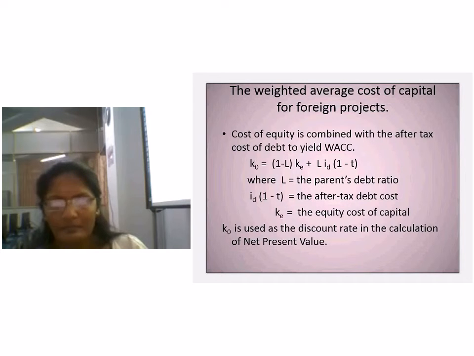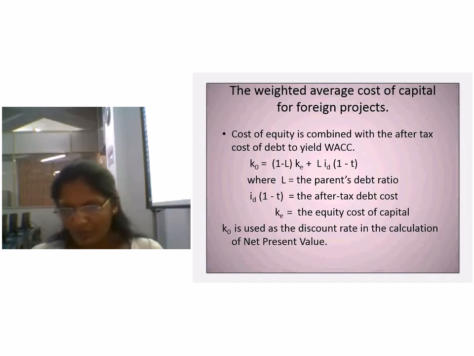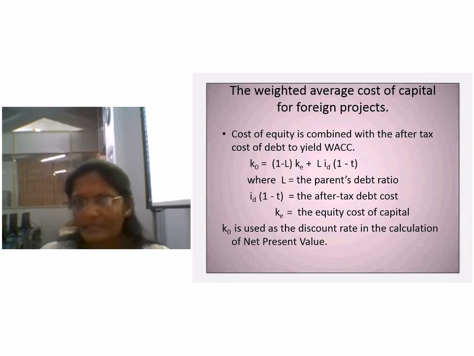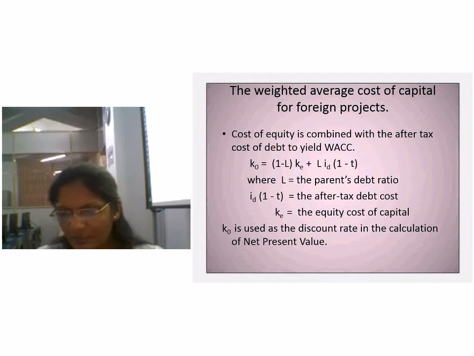Why should we consider unsystematic risk, when we assume in the CAPM model that unsystematic risk can be eliminated through diversification? But still it says that we should consider that unsystematic, diversifiable risk as well. What would be the reason?